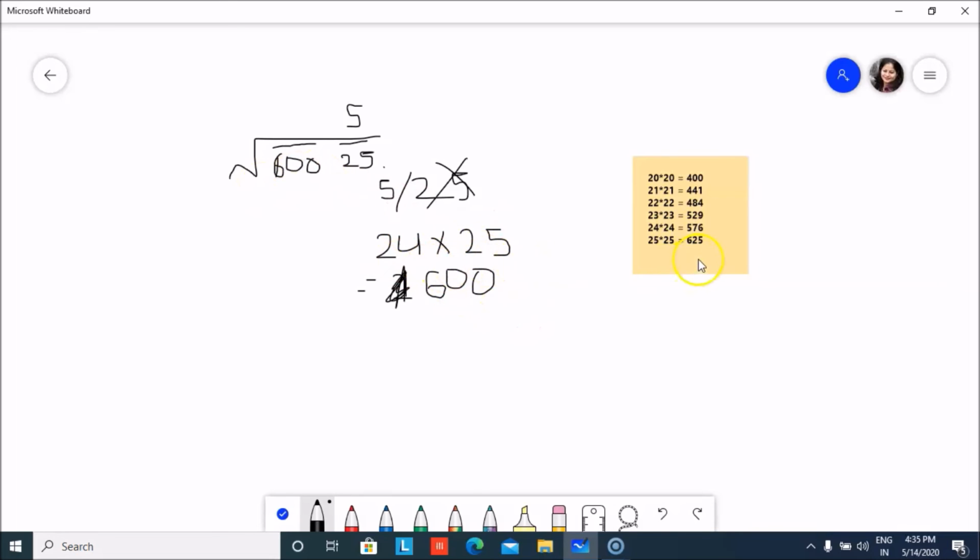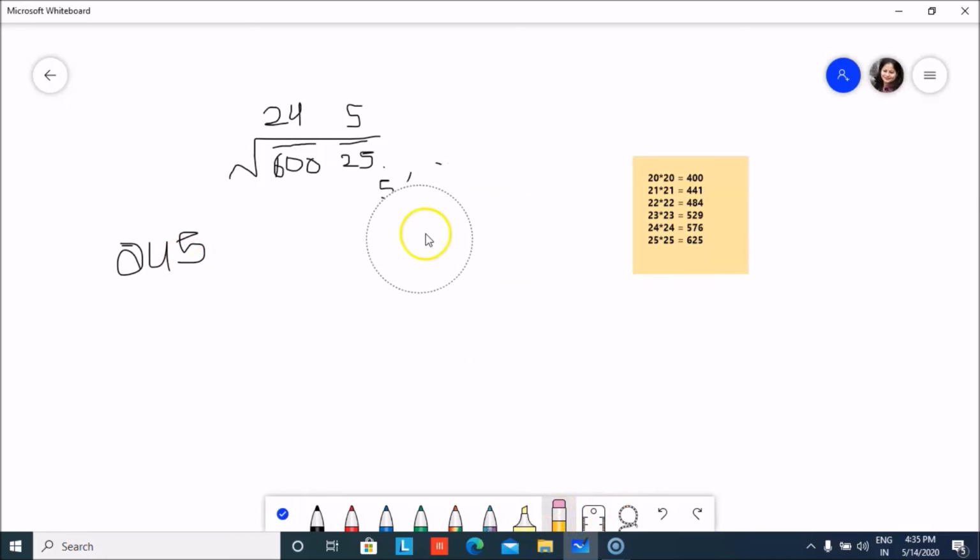So the smaller digit will be 24. So we're going to place 24 here. So the square root of 60025 will be 245. So isn't that a really easy way to take out the square root?